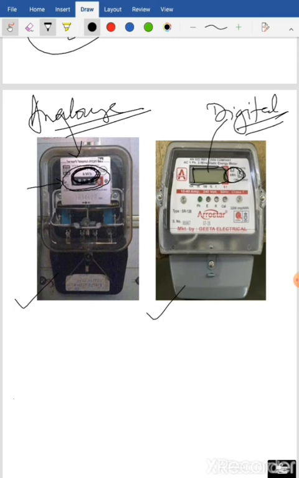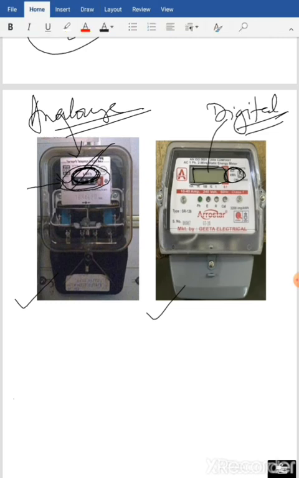Similarly here also you have kWh written. This is a meter which measures the electrical energy consumed by us at our home in a commercial unit called kilowatt hour. You can also find the meter at your home and see this kWh written on it. You may have the old one called an analog meter or the new one called a digital meter.